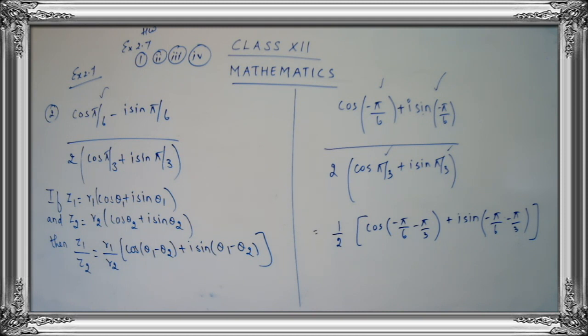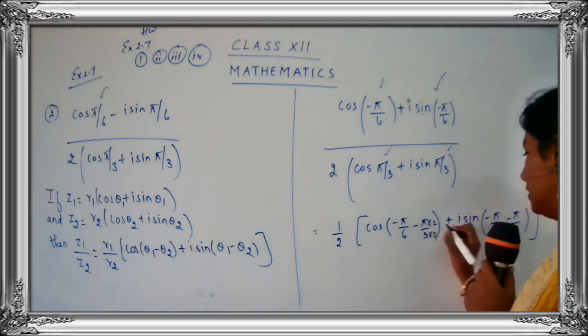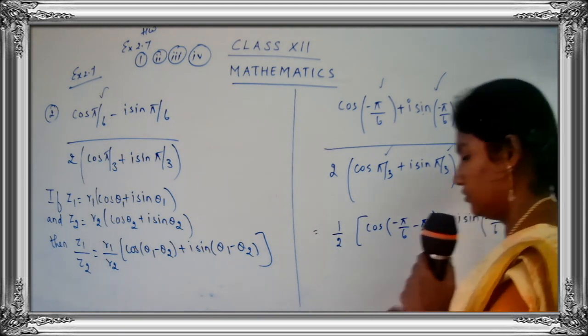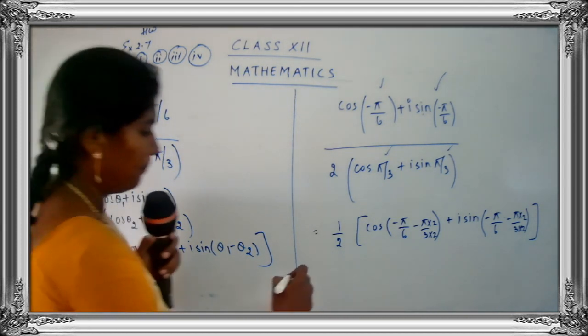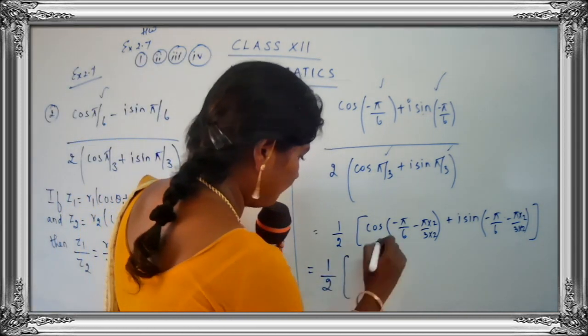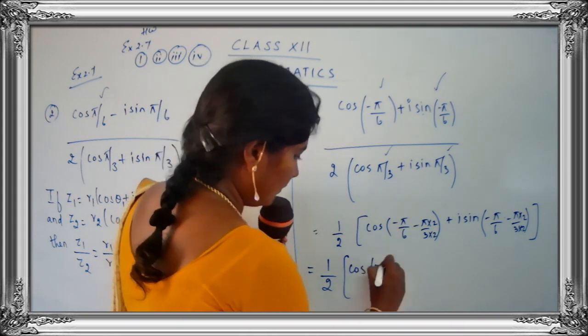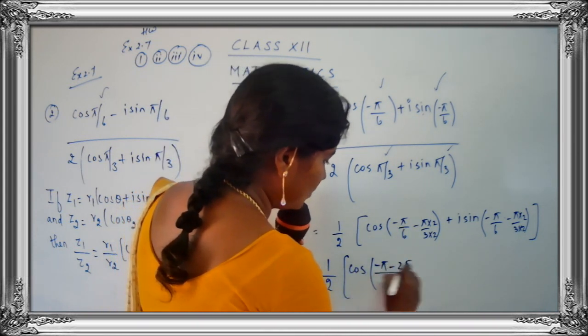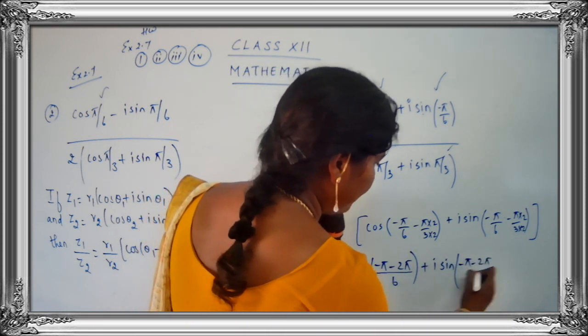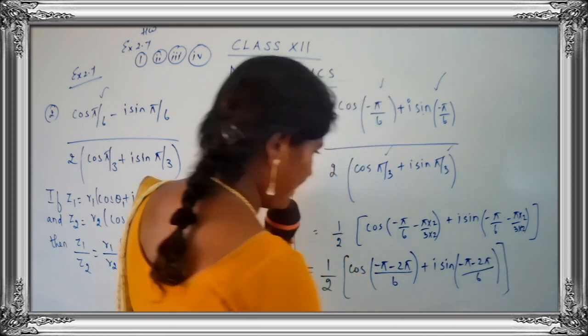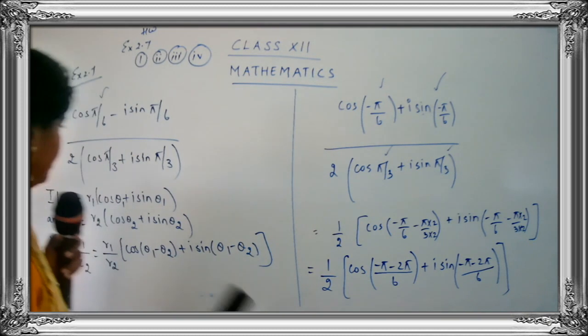So again, try to make the denominator same. You have 6 and 3. So you can multiply by 2. If you multiply the denominator by 2, multiply the numerator also by 2. So this is equal to half cos of minus pi minus 2 pi upon 6, plus i sine of minus pi minus 2 pi by 6.